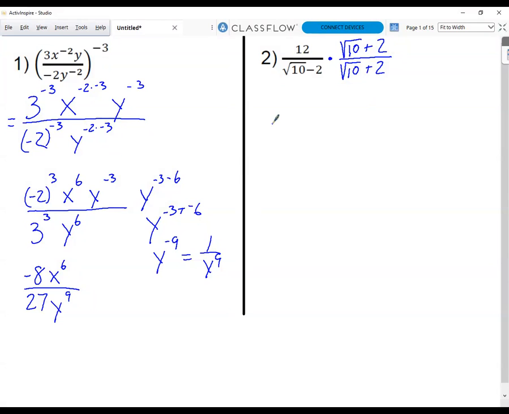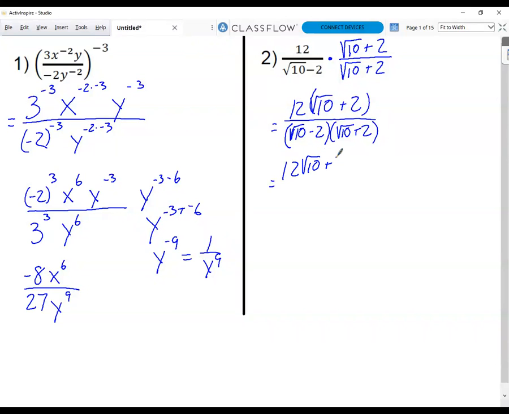When you do that, you get 12 times root 10 plus 2 over root 10 minus 2, root 10 plus 2. Distributing the 12 gives 12 root 10 plus 24. The square root of 10 times the square root of 10 is the square root of 100, plus 2 root 10, minus 2 root 10, minus 4.